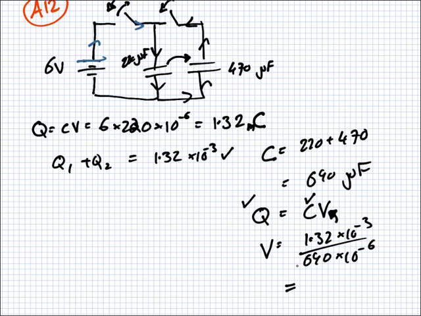Could you type this in? 1.32 times 10 to the minus 3 over 690 times 10 to the minus 6. 1.913 volts.